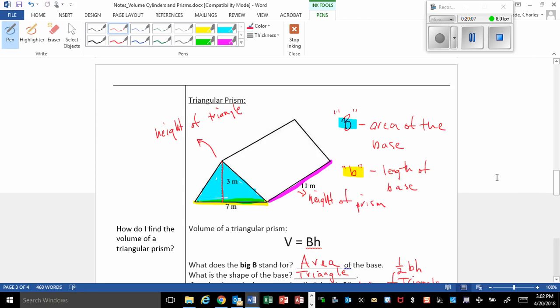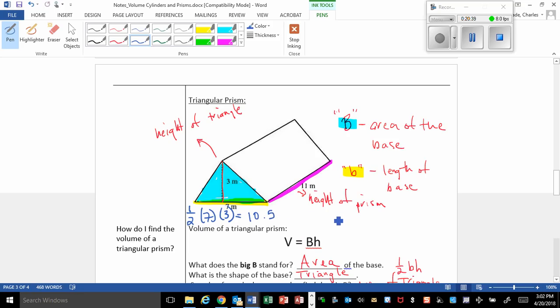The height of the triangle, alright, is 1/2. Let's use a different color here. Let's go 1/2 base times height, right? Okay, so this is going to be the area of the base. So 1/2 times 7, so 21 times 0.5 or divided by 2 is 10.5.